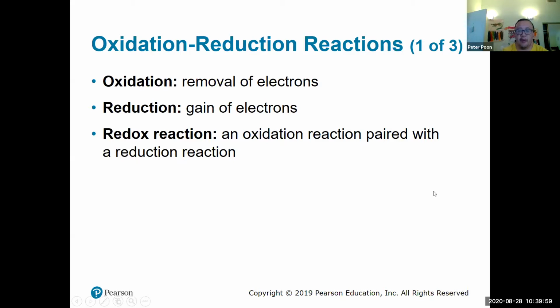The easy way to remember this is OIL RIG. Oxidation is loss, reduction is gain of electrons. Now that being said, what's more important is what the electrons represent. The electrons represent energy.